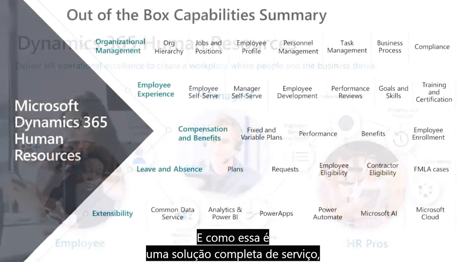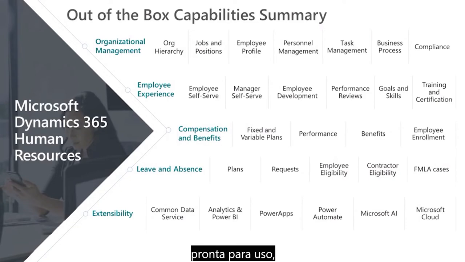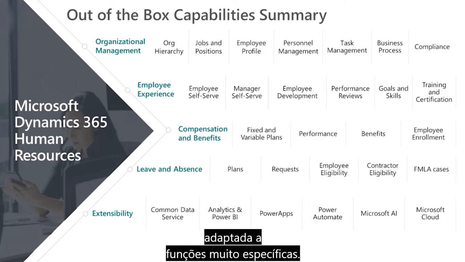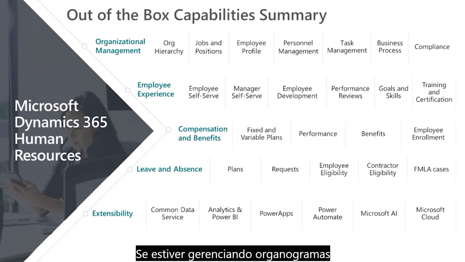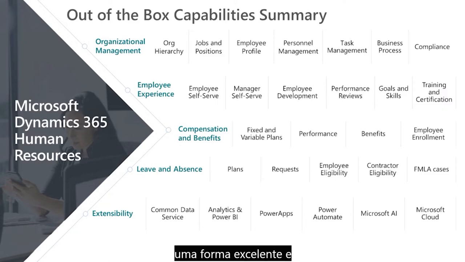And since this is a full service solution out of the box with Dynamics 365 Human Resources, you can use a browser-based user experience that's tailored to very specific roles. So whether you're managing org charts or you're doing compensation planning, you can do this all through the browser in a very user-intuitive way.